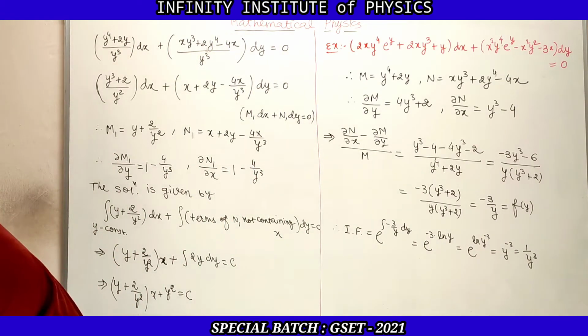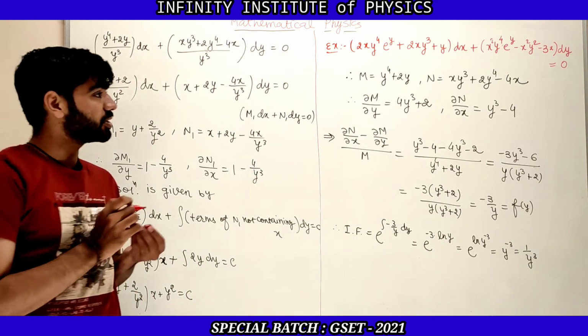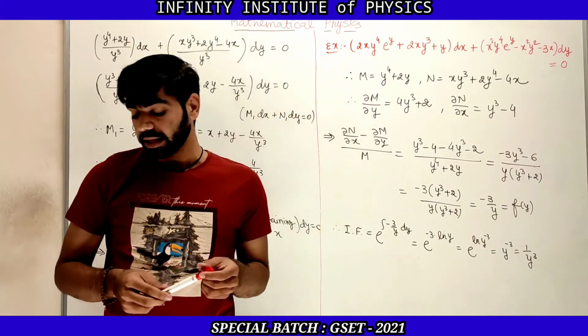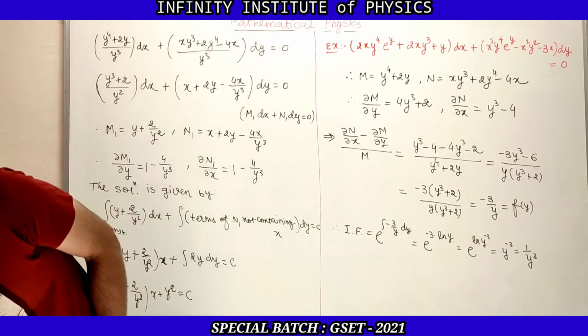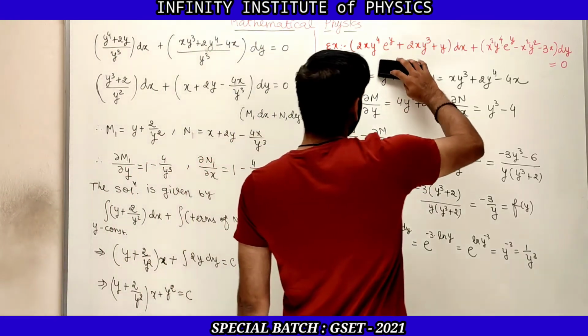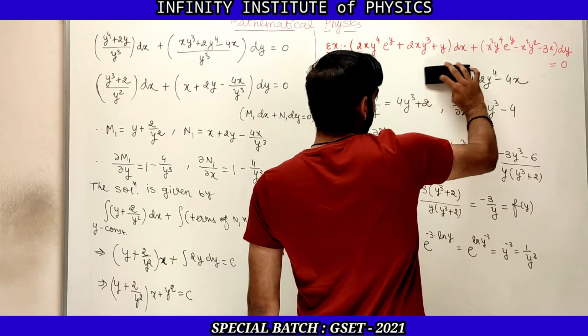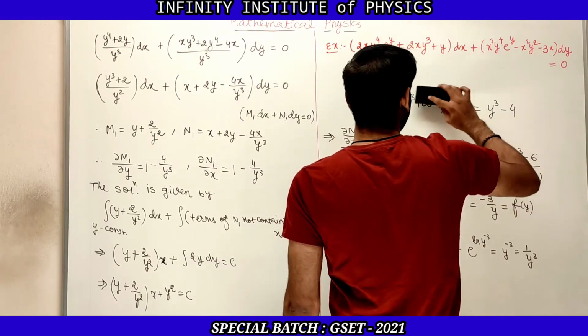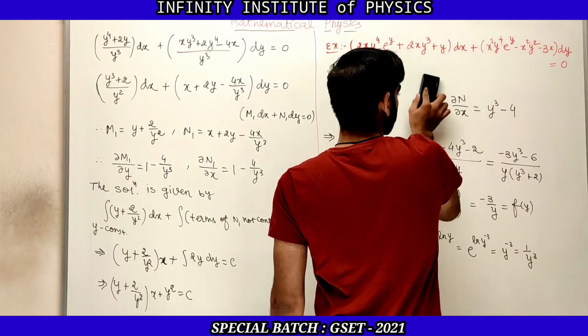This is the second example, which is the case where we will get a function of y only. Similarly, first of all we need to check whether the given differential equation is exact or not.